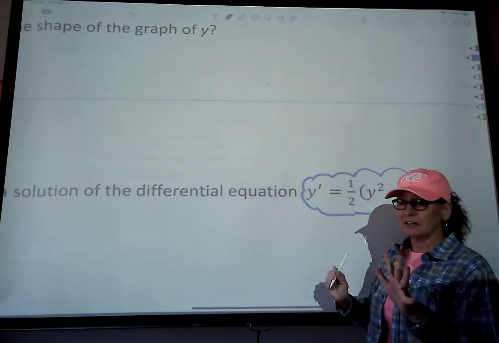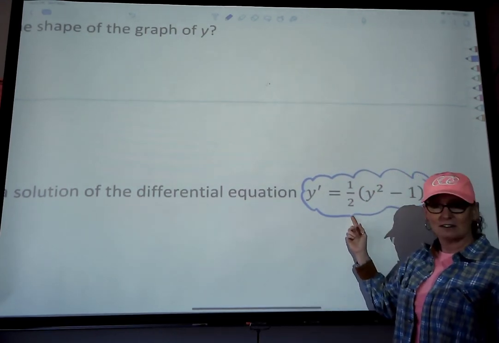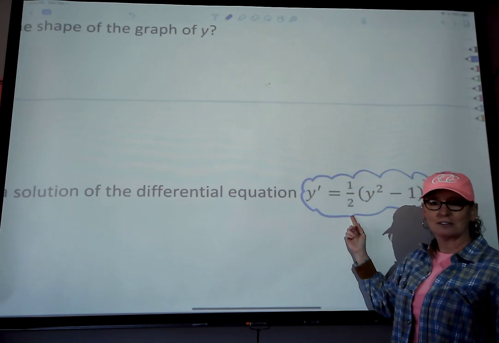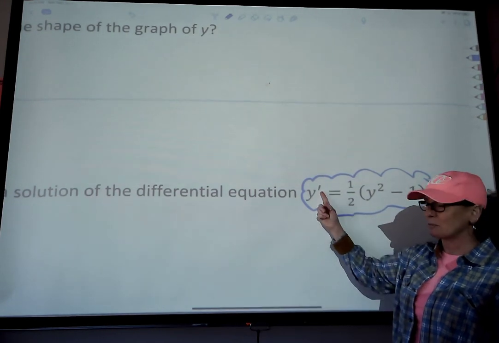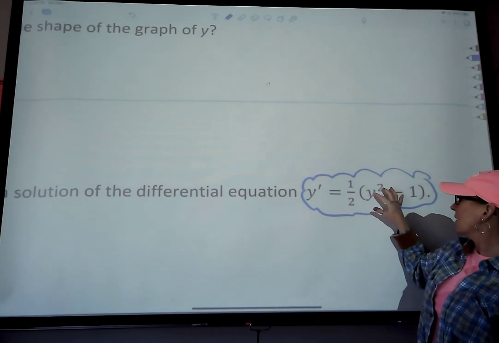So I think it's very easy to make a statement using this equation, using the derivative. This represents slope. This is a positive 1/2. This is the quantity y squared minus 1.